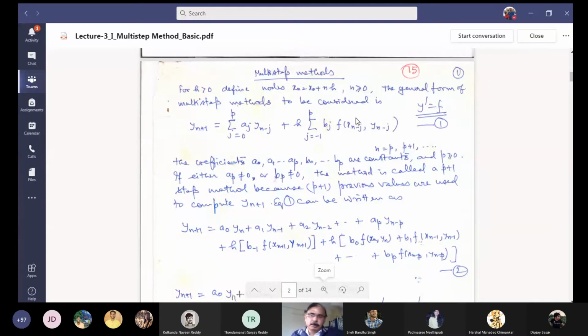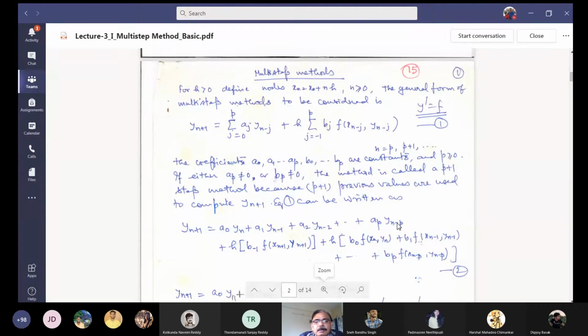Okay, good. And then how many initial values are there which you have to calculate? J running from 0. Here, below, you see it is written in expanded form: a naught y n for j equal to 0, a1 y n minus 1, and then a p y n minus p.